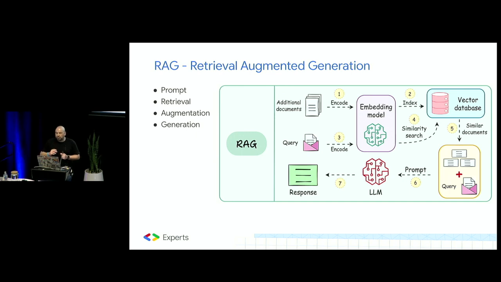This retriever could be a search engine, a vector database, or any other information system. Then we have augmentation, which means that the retriever uses the information it just took from the external source and enhances the original prompt with relevant information. And then, of course, this is fed back into the LLM, which with this new information is able to produce a more relevant response.